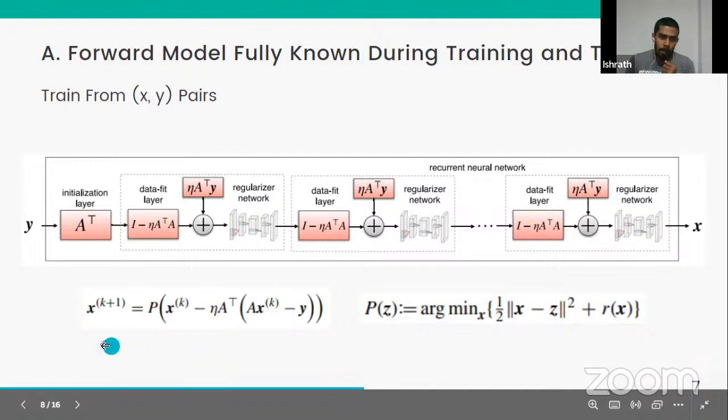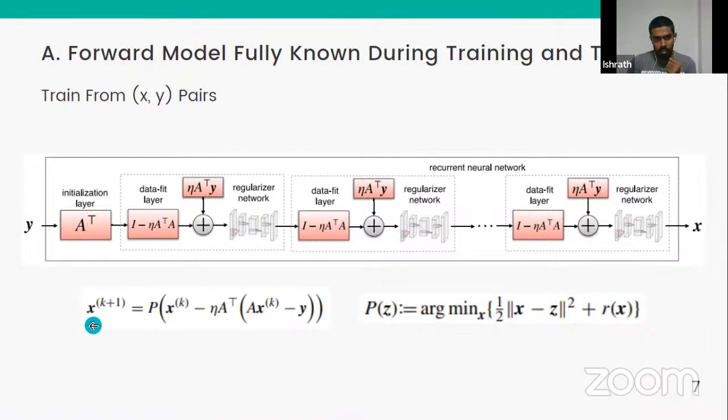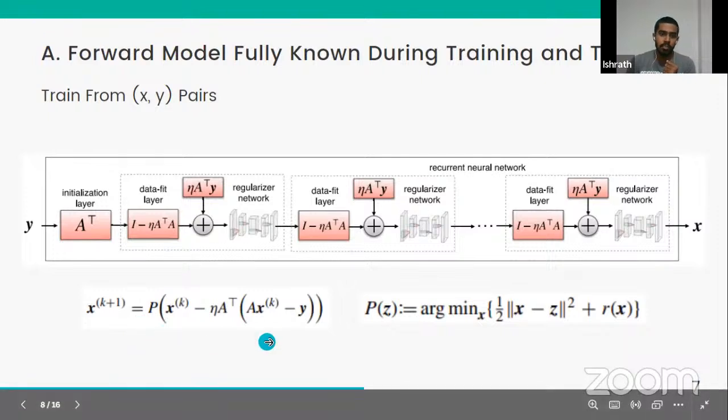To estimate the next estimate, we use the residual we have from the current estimate and project it to the signal domain, and we do the gradient descent step.